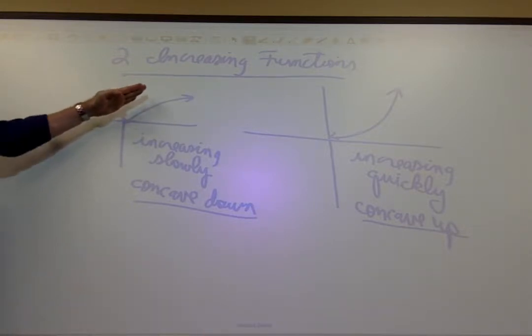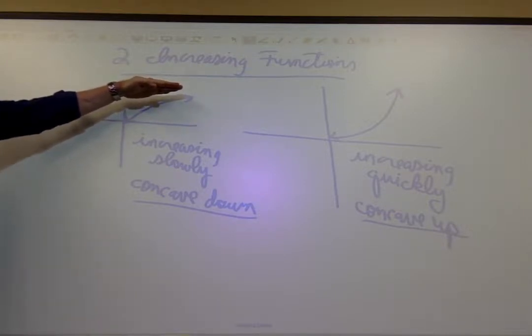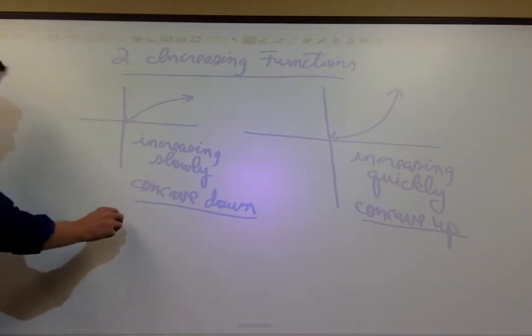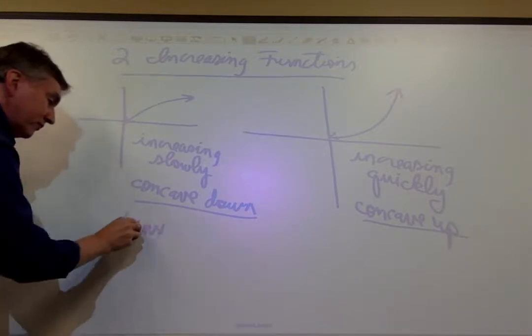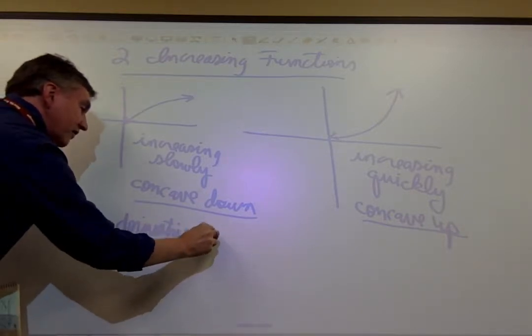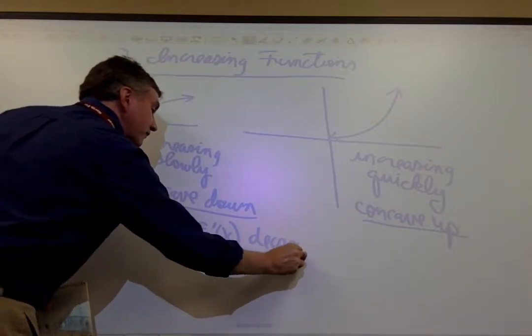Here's the derivative, slope of the tangent, slope of the tangent, slope of the tangent. What's it doing? It's getting smaller towards zero, isn't it? So that's what we could say about that. The derivative f prime of x decreases towards zero.